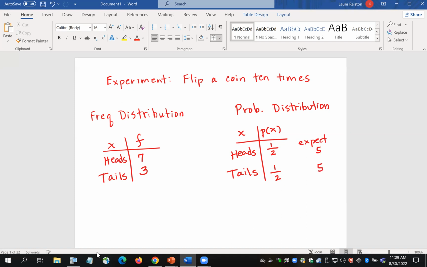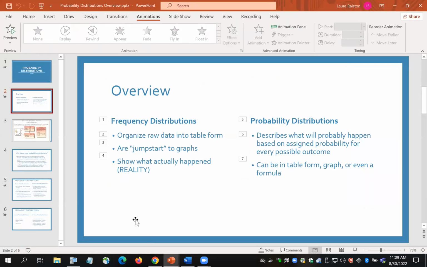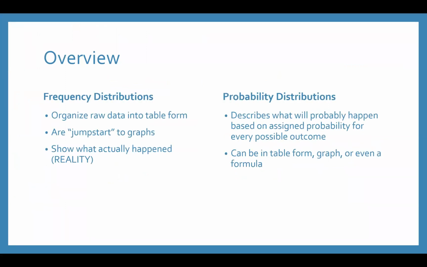Now, obviously, that doesn't often happen in reality. Okay, so the probability distribution gives us an idea of what should or could happen for a particular event.